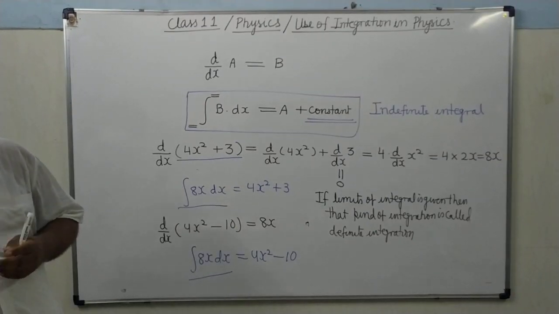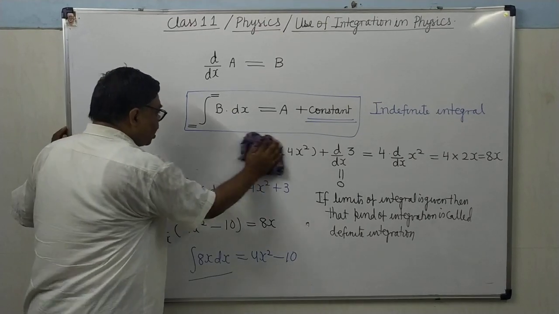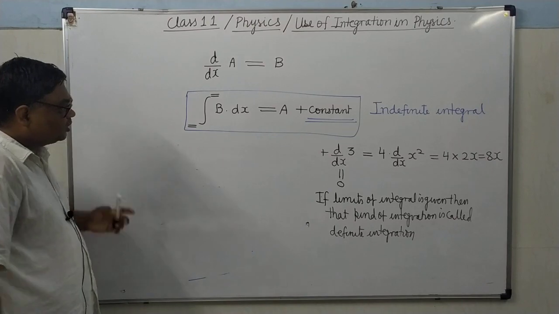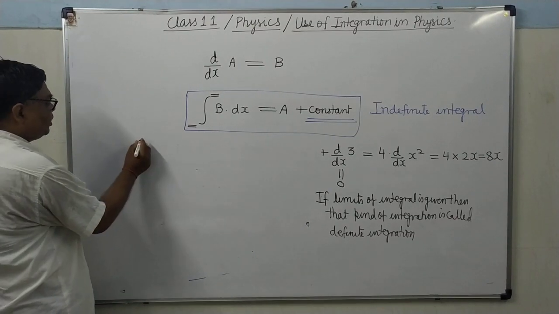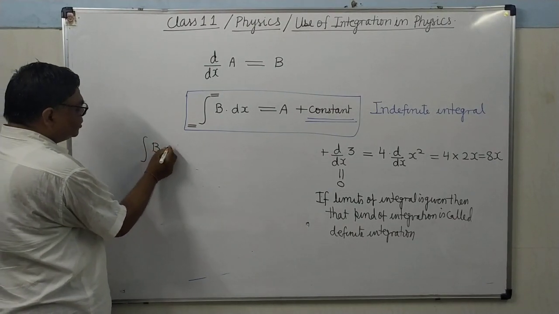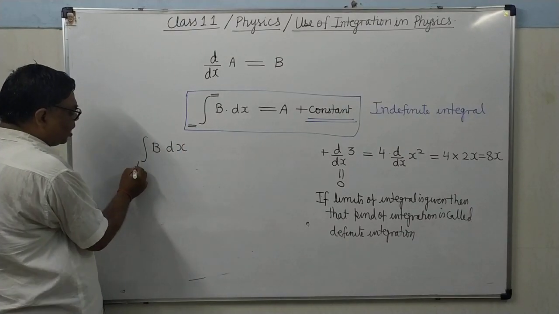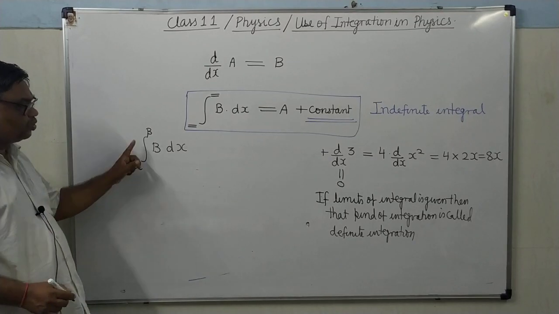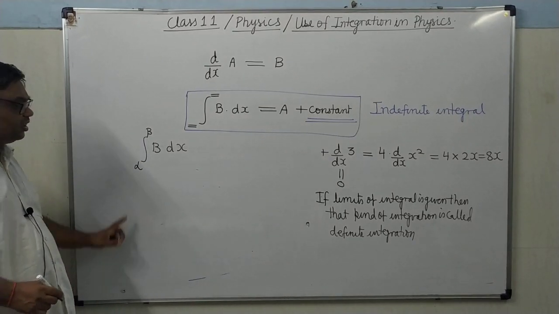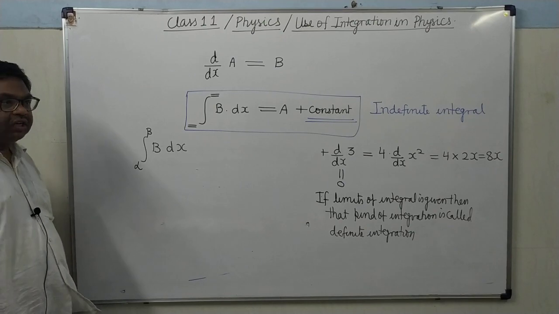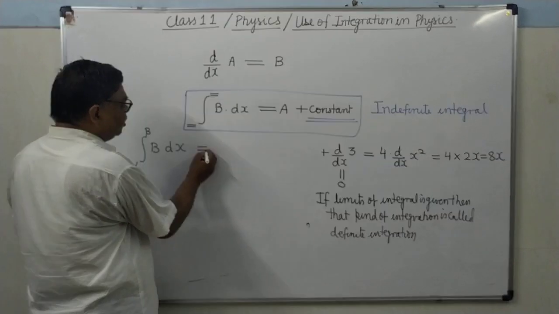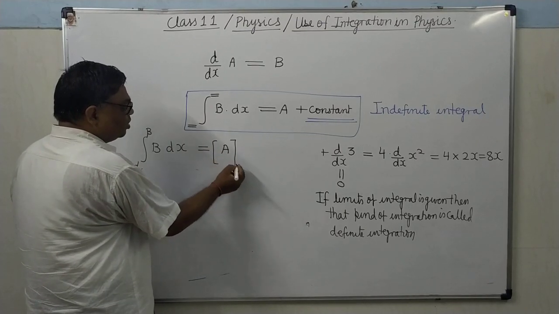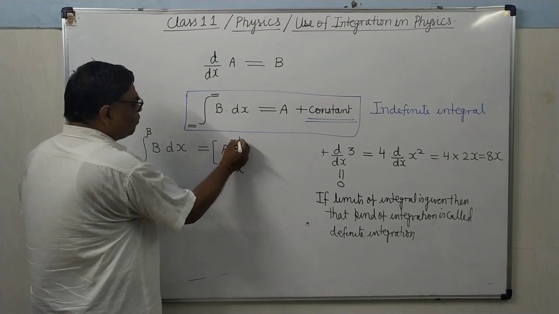Now see here. How will you solve the definite integral? So suppose it is given integral b dx from alpha to beta. Means when x equals alpha to x equals beta, it is integrated in between these two limits. Then here it gives the integral. We will find out, write down alpha and beta.